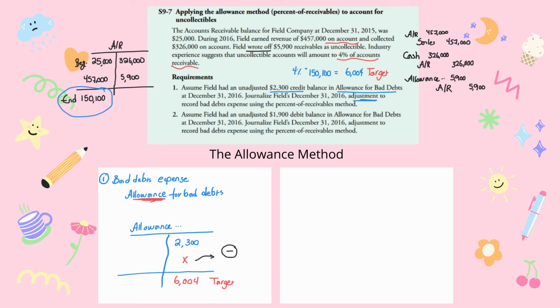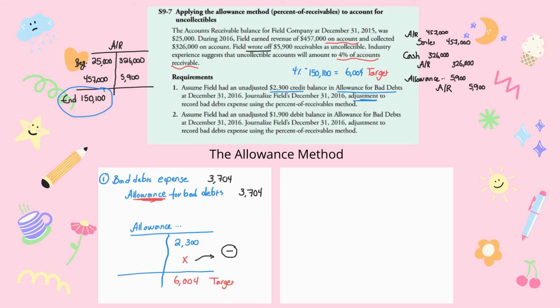We have 6,004 minus 2,300, it's gonna be 3,704. This is the amount that you need to put in your entry. So we are done with the first requirement. Let's read requirement number 2.